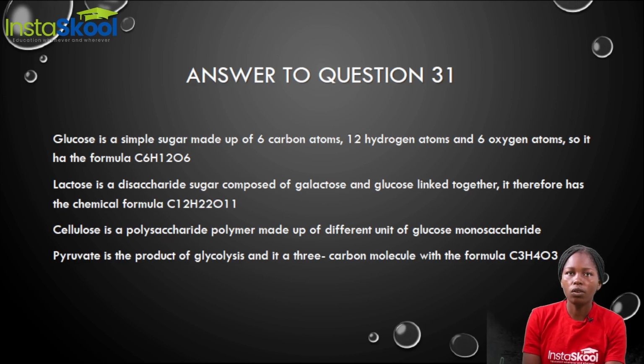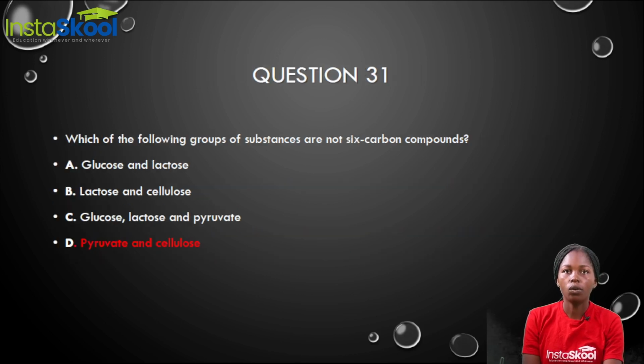Now what is cellulose? Cellulose is a polysaccharide. It is made up of many units of glucose monosaccharide. Now what of pyruvate? Pyruvate is the product of glycolysis, and it has a formula of C3H4O3.